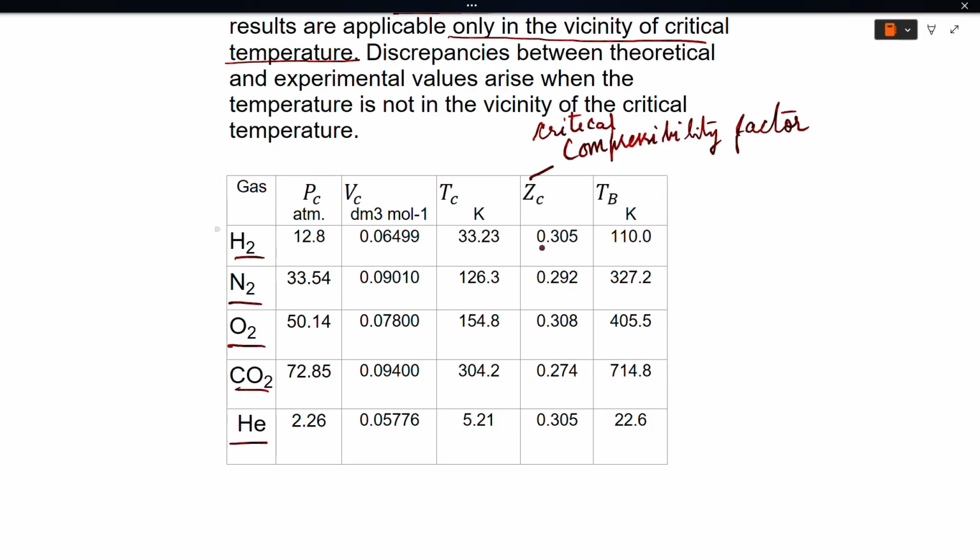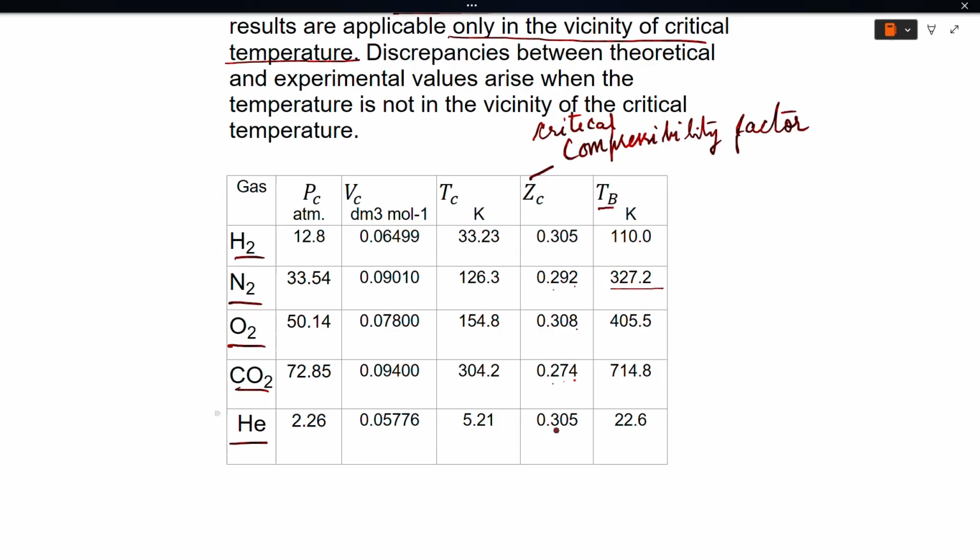You can see that the value of ZC is 0.305 and here it is 110.0, which is the Boyle temperature. Here the value is 0.292, and the Boyle temperature is 327.2. Again, here it is 0.308, and 0.274.